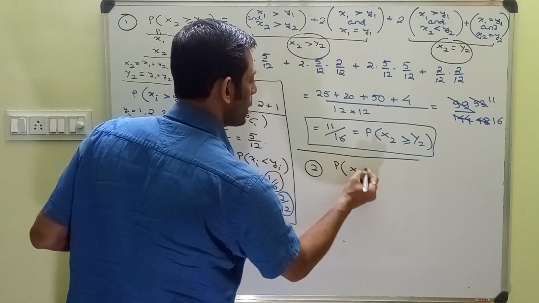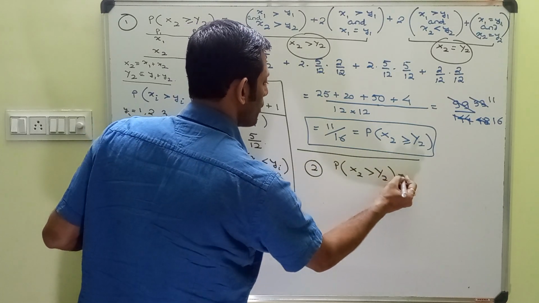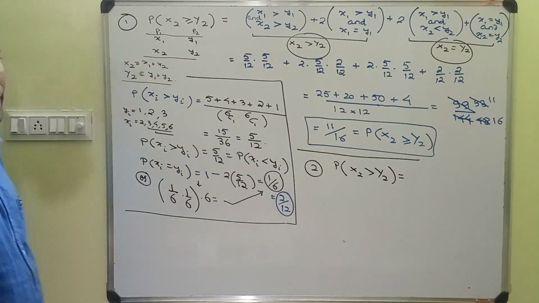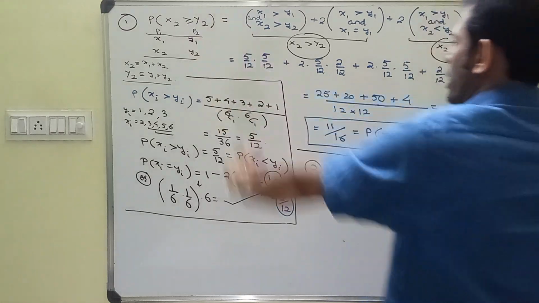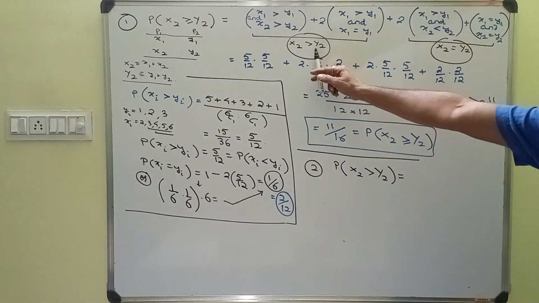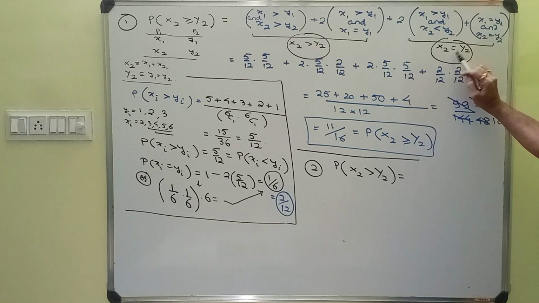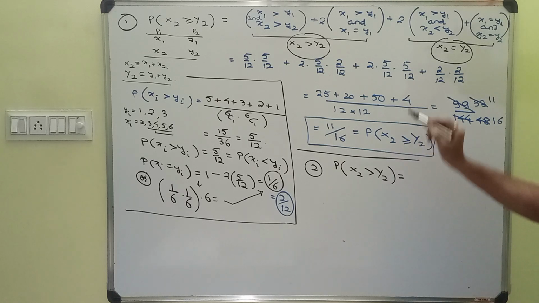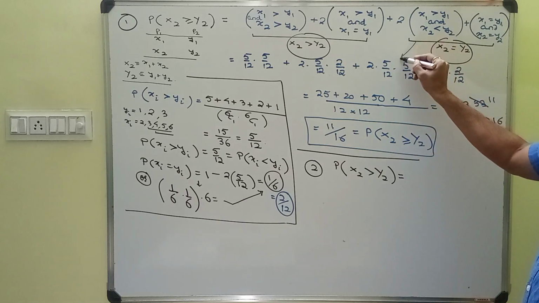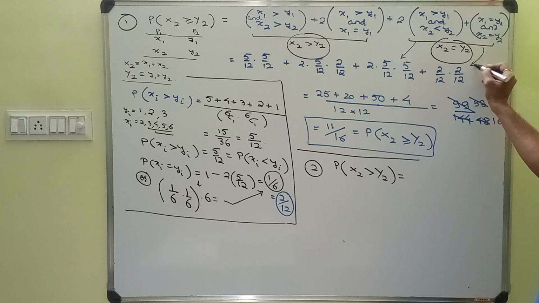Now, let's begin with question number 2. Probability of x2 greater than y2. Now, dear, this is very clear. This greater than or equal to case included cases of inequality and cases of equality. If we do not count these cases, we will get only this. And that means what we should not count? We should not count this one, and we should not count this one.